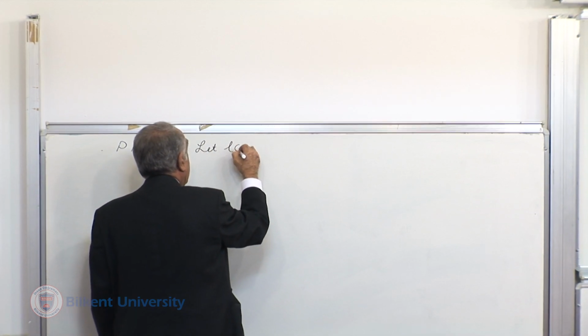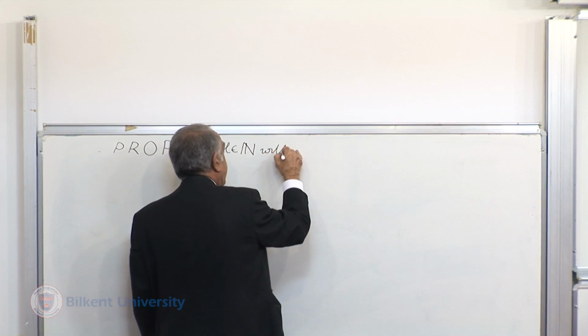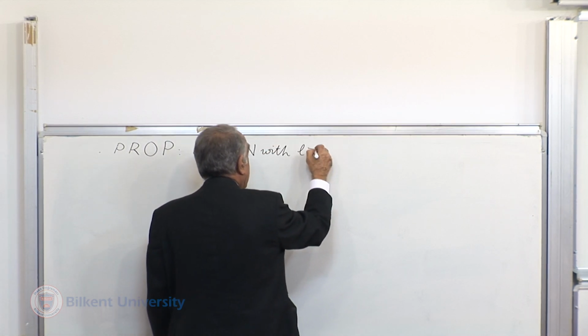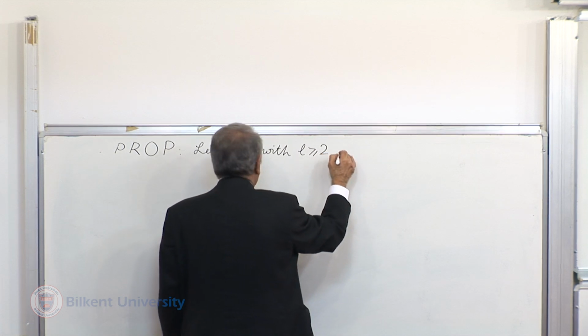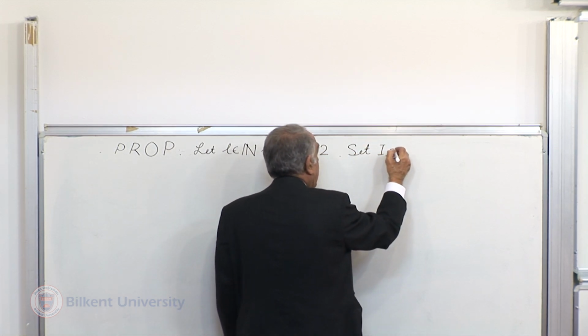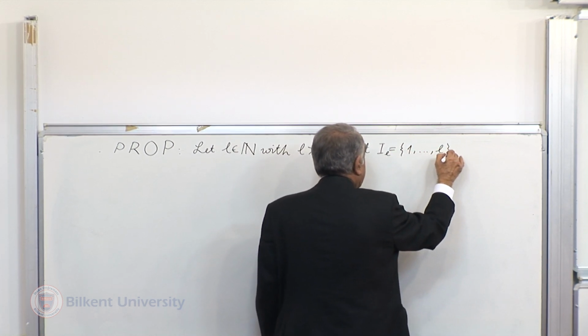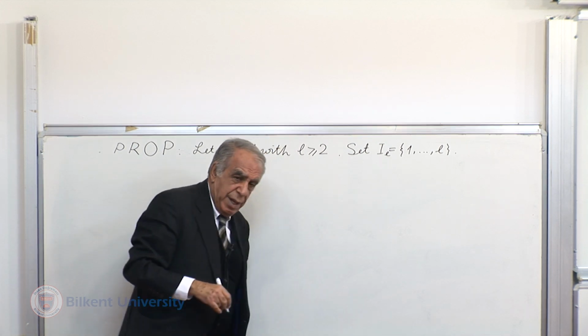Let L be a natural number, with L larger than or equal to 2, set IL equal to this initial segment of natural numbers.